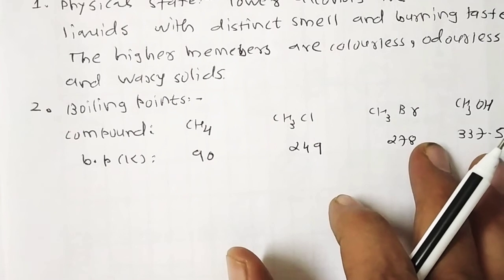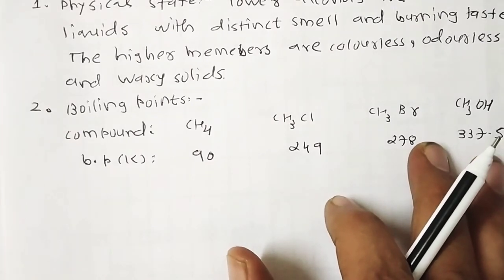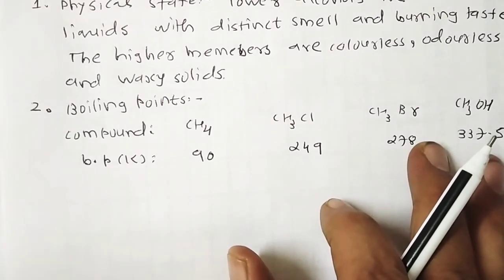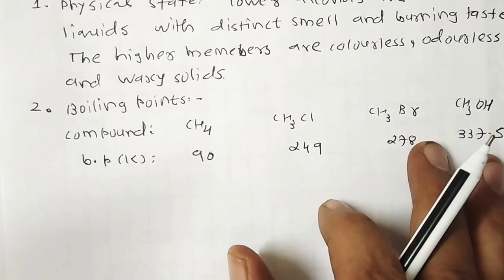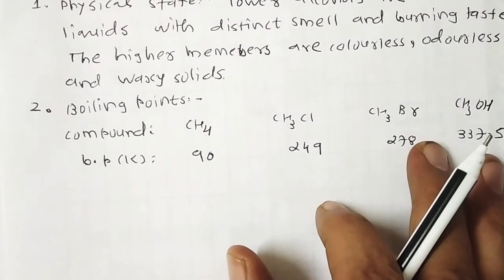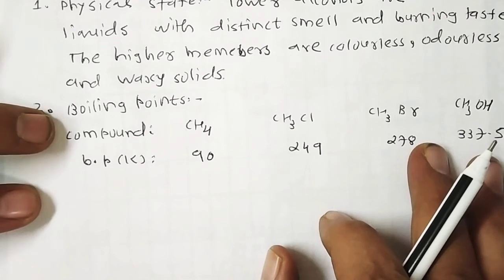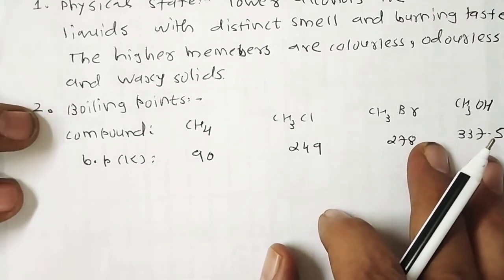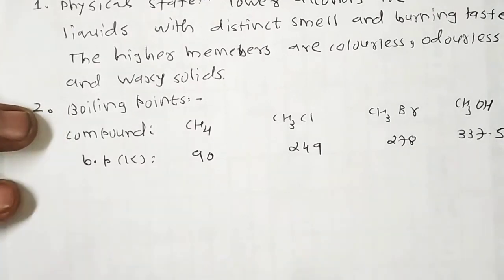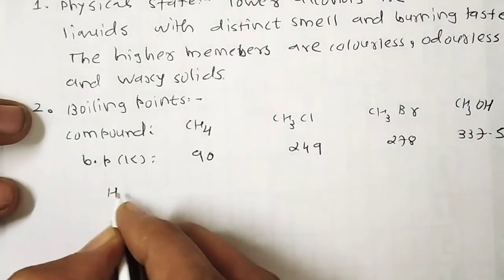But when methanol is attached with methanol, number 1 is van der Waals force, number 2 is dipole-dipole force because it's polar in nature, and third, they form a hydrogen bond. So it means that quite a large amount of energy is needed to break these extensive hydrogen bonds which hold a large number of alcohol molecules together.